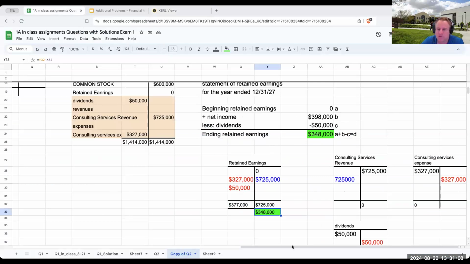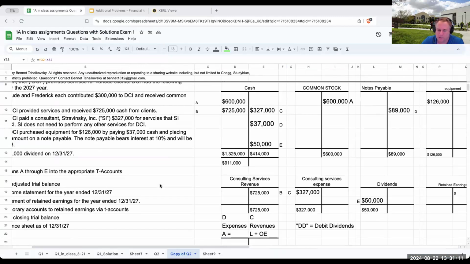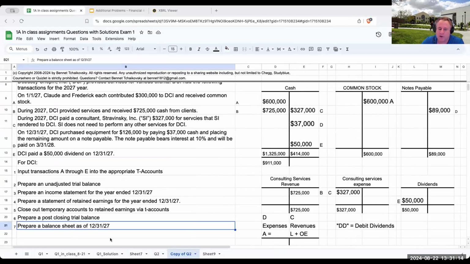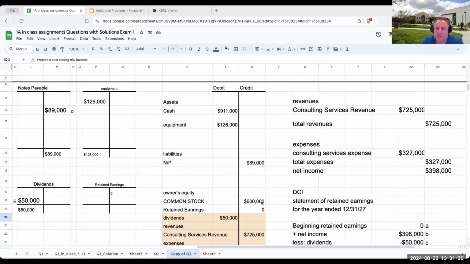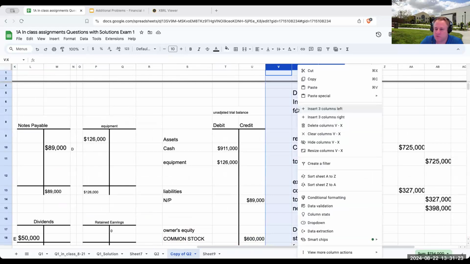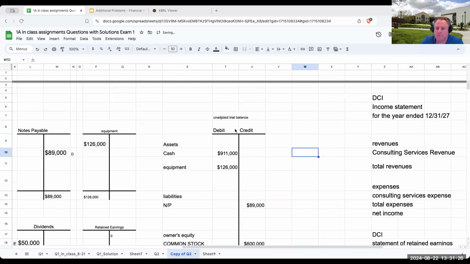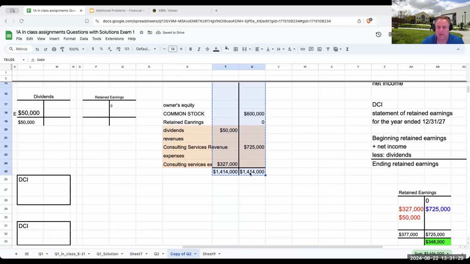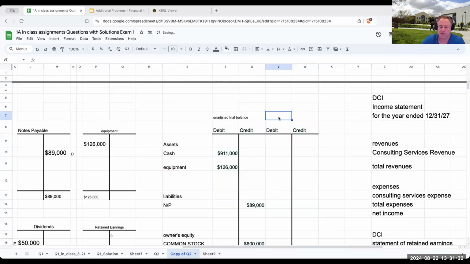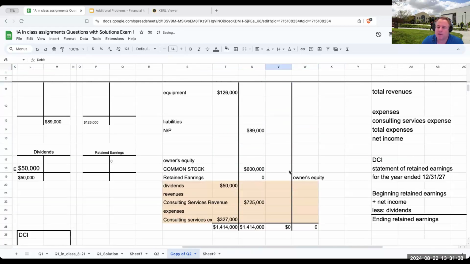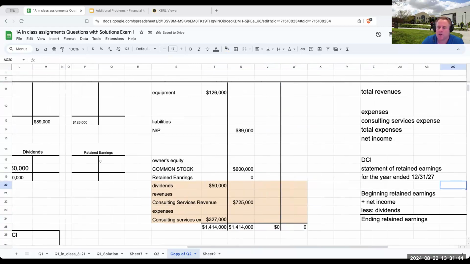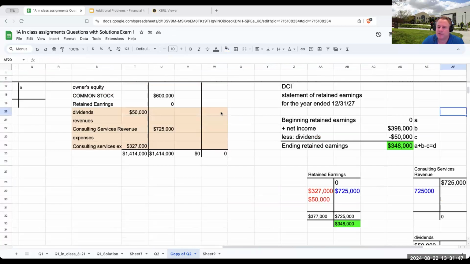Okay. So I come down over here and I'm now going to prepare a post-closing trial balance. Now, what exactly do we mean by a post-closing trial balance? Okay. So a post-closing trial balance simply says, after we closed out the accounts to retained earnings, what's my new balance of dividends?